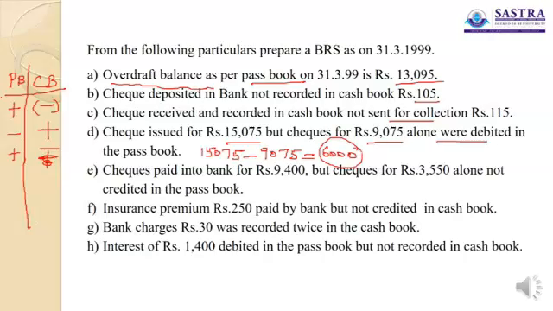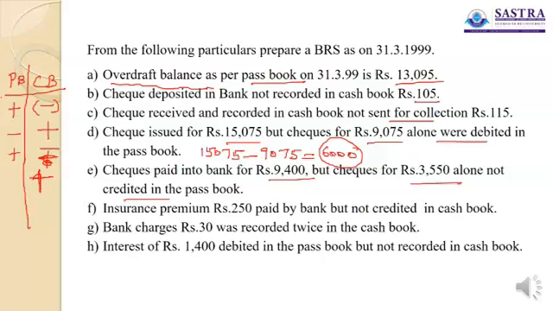Checks paid into bank for 9,400, but checks for 3,550 alone not credited in the passbook.